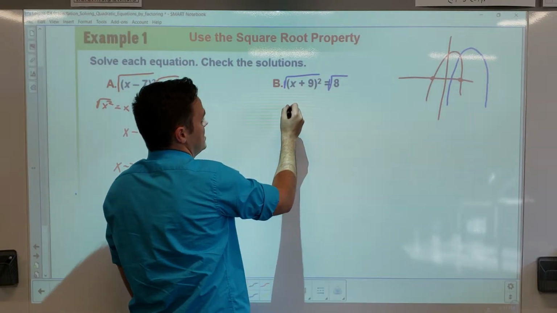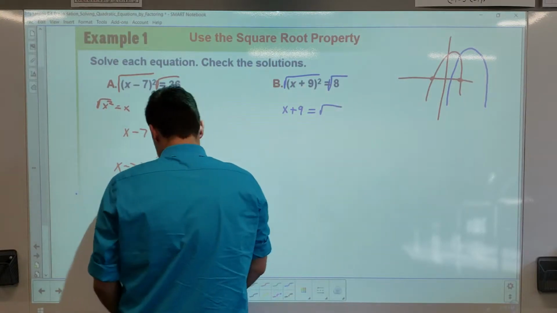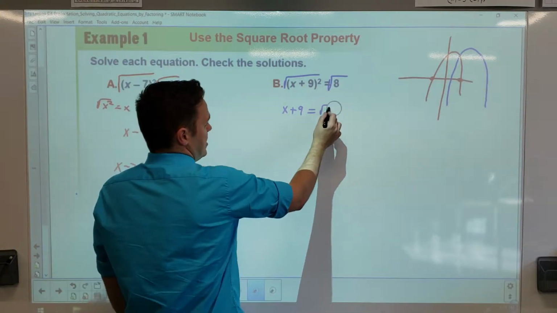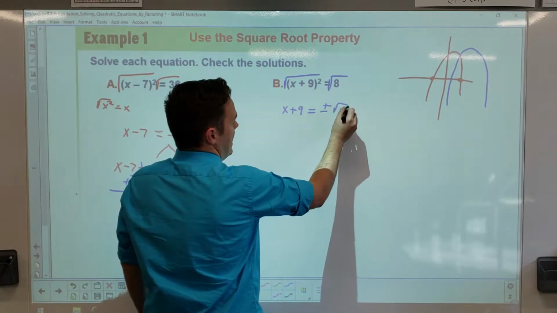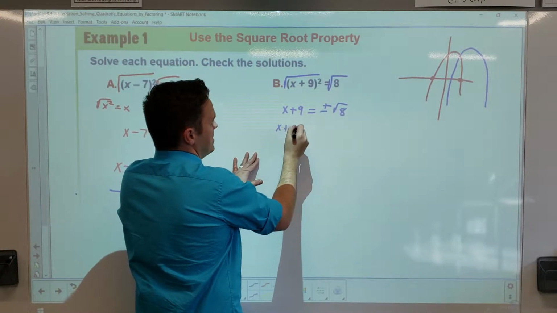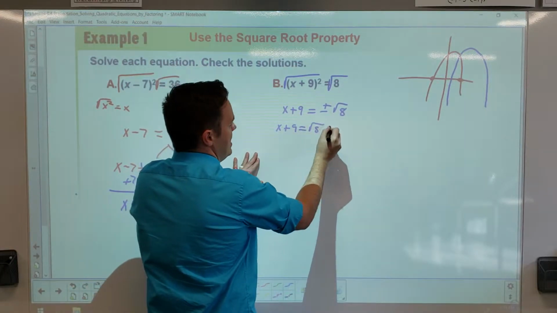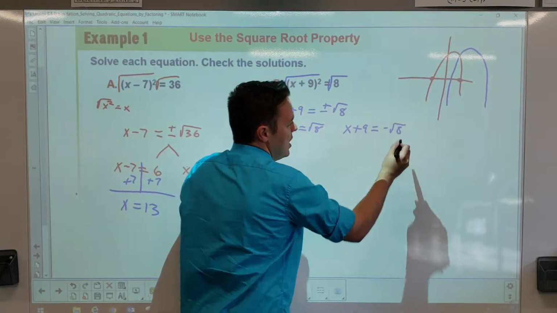When you're doing this, it turns into x plus 9 equals plus or minus the square root of 8. When you set this up, you have x plus 9 equals the square root of 8, and x plus 9 equals negative square root of 8.